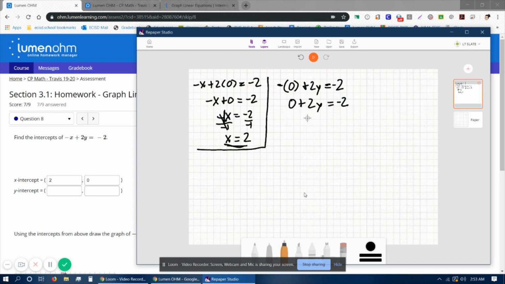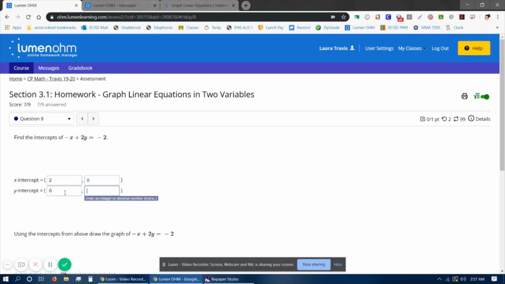I can drop the 0 and I just have 2y equals negative 2. To get rid of the 2 that's multiplying by y, I need to divide. So I can divide by 2 on both sides. These 2s will cancel, and I'm left with y equals negative 1. So the y-intercept will be x equals 0, y equals negative 1.